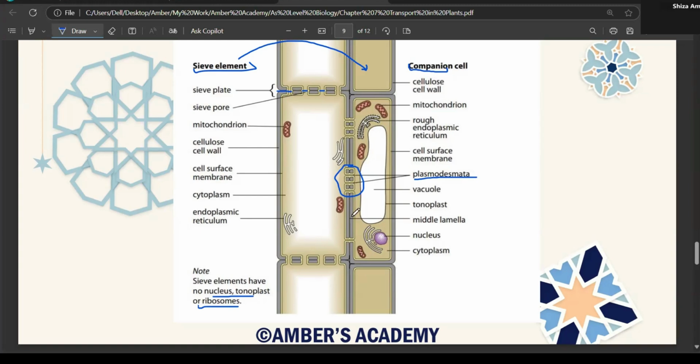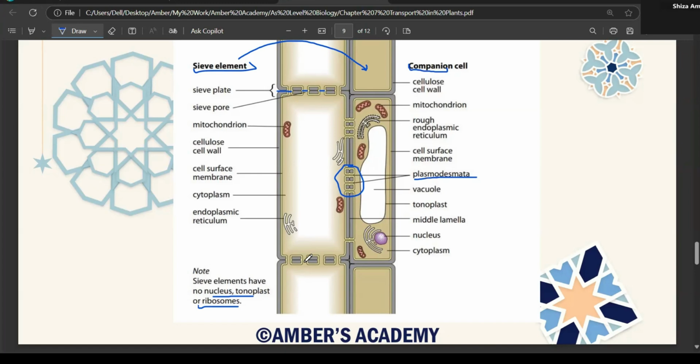At times, I'm not sure why, but the students usually mark C4 as plasmodesmata. Be mindful that plasmodesmata is the communication between sieve element and companion cell, while C4 is something else. It's the gap junction present between sieve plates, and sieve plate is a component of sieve element. So write it somewhere that the communication between sieve element and companion cell is held because of plasmodesmata. The junction between sieve element and companion cell is known as plasmodesmata.